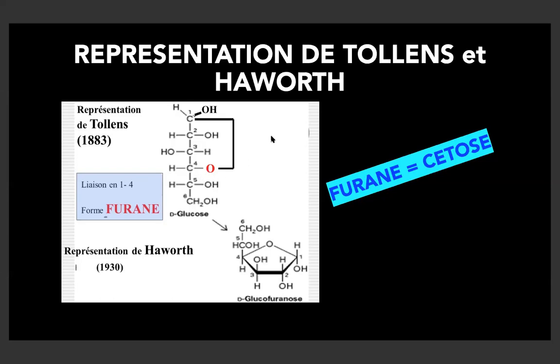With representation de Fischer, we are always supposed to show which carbon is asymmetric. So, like I said, if this was hydrogen, with representation de Fischer, we are going to say, okay, CH with hydrogen, oxygen, we are going to put a star there on top to show that this carbon is asymmetric.